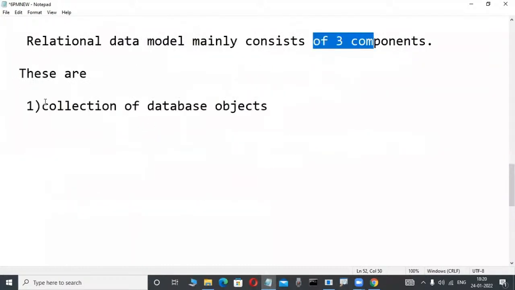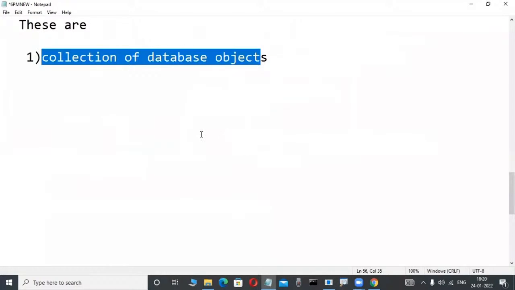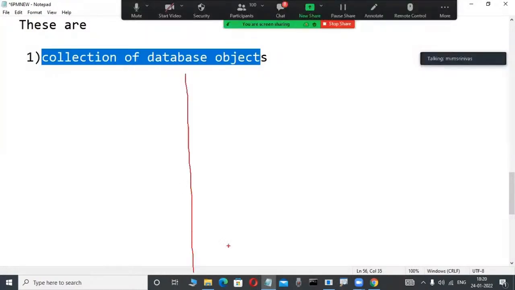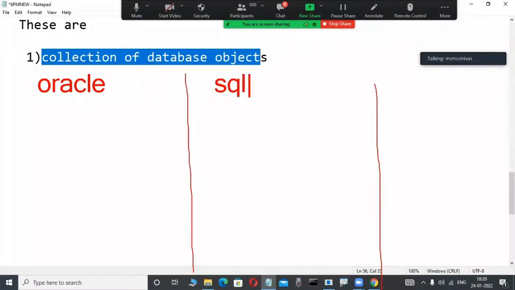The first one is a collection of database objects, which is dead easy. Even a first-time newcomer can understand. Suppose you are learning an Oracle course, for example. Oracle is a relational data model product. Suppose some other fellows are learning SQL Server.